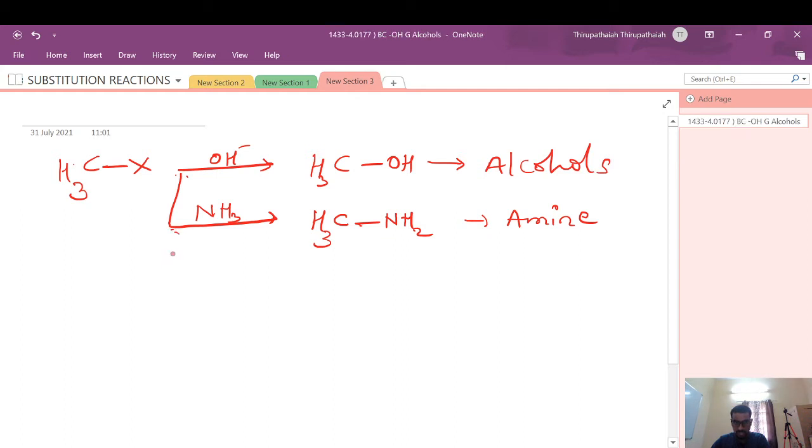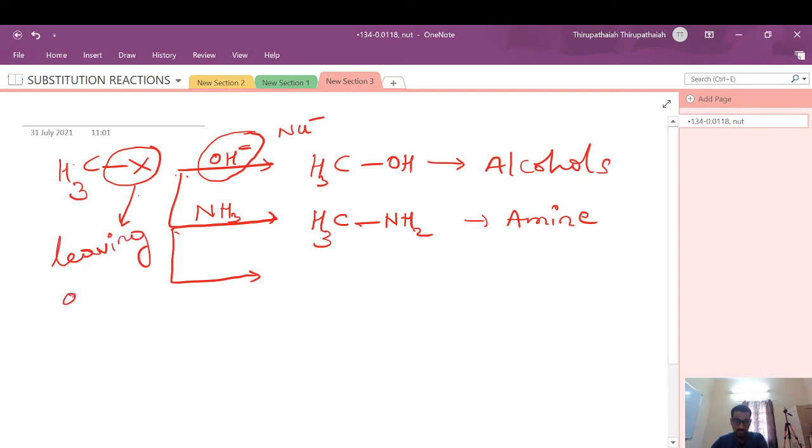and another type of nucleophilic substitution. Here OH minus is rich in electrons and that attacks, it is called nucleophile. I am representing it as Nu minus, and this X minus is called leaving group.